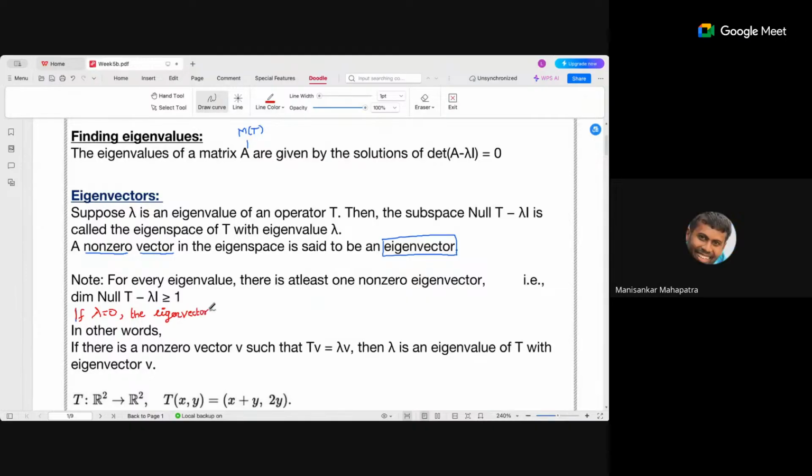The eigenvectors corresponding to lambda equal to 0 are nothing but the non-zero vectors in the null space of T. You have to be careful. This is something we should remember.